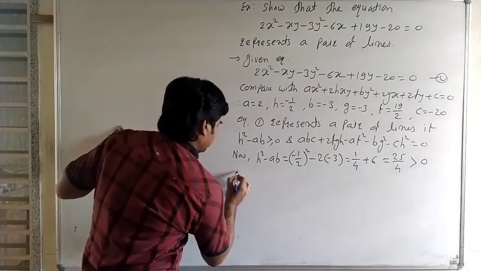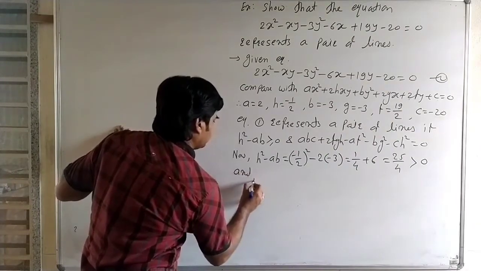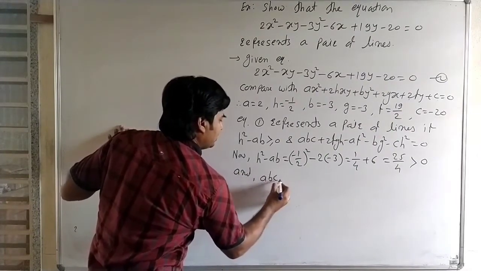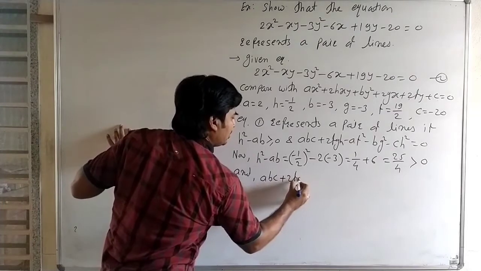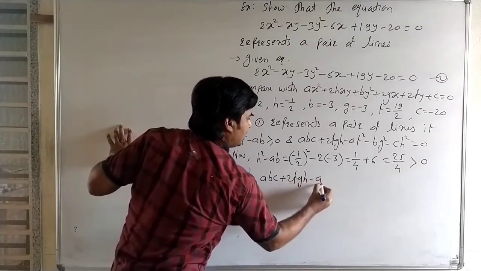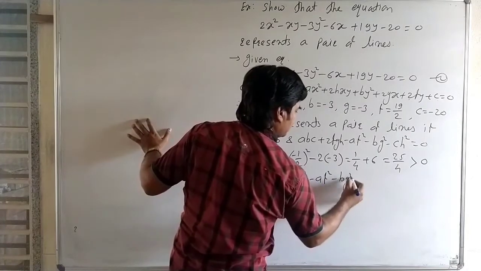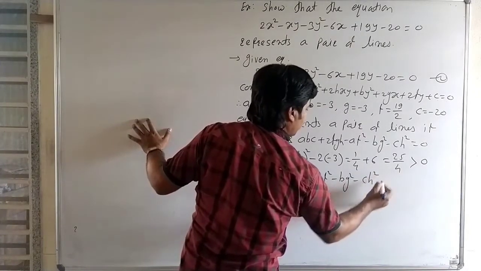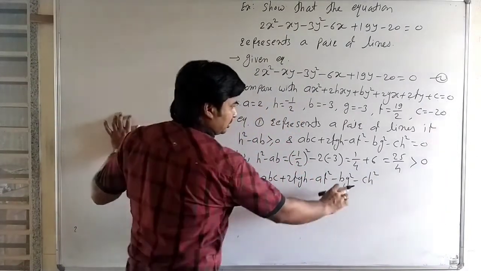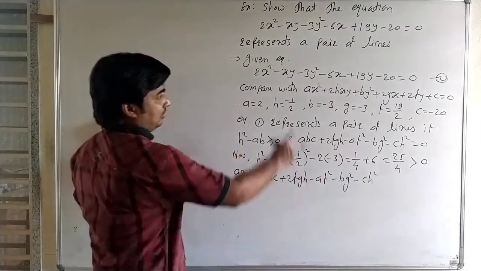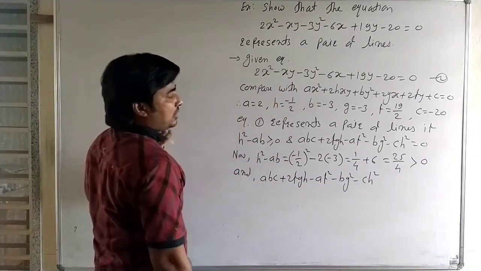And the second condition, abc plus 2fgh minus af square minus bg square minus ch square. Okay, we find the value of this and this value becomes 0, then equation 1 represents a pair of lines.